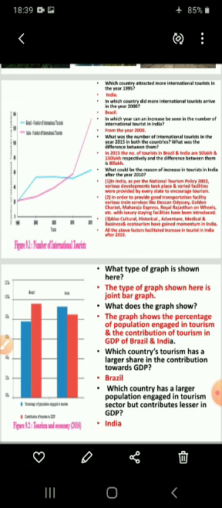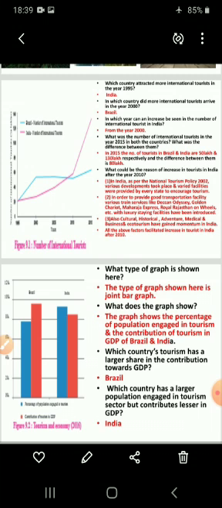And children, after comparison of these two graphs, the conclusion is that tourism, population and economy, these three are inevitable parts of development of any country. Understood?